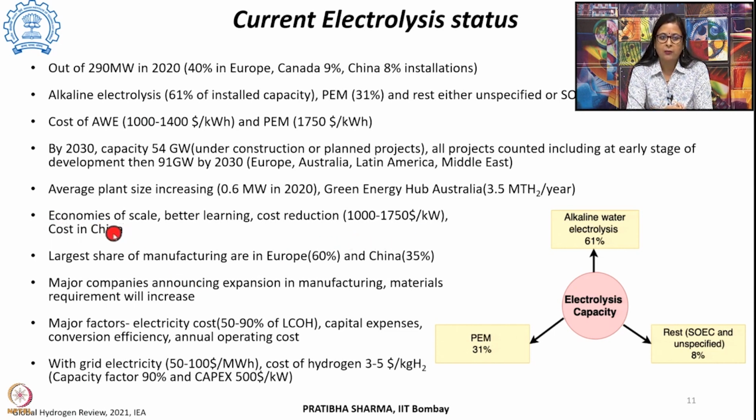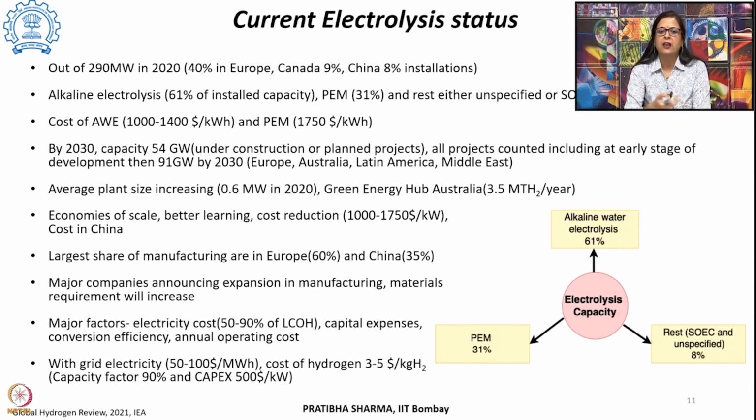Now, of the major manufacturing going on globally, the largest manufacturer is Europe with 60% of the manufacturing capacity, China being second with 35%, and now there are several major companies entering into expanding their manufacturing capacity of electrolyzers, like the Thyssen Group, ITM, Cummins, Nel Hydrogen.